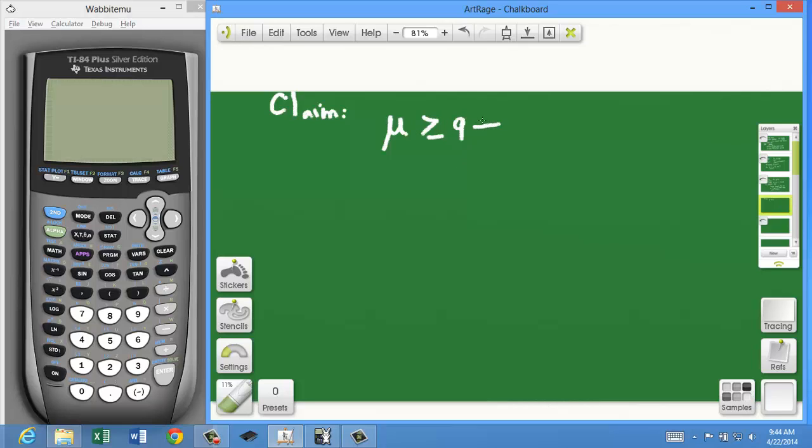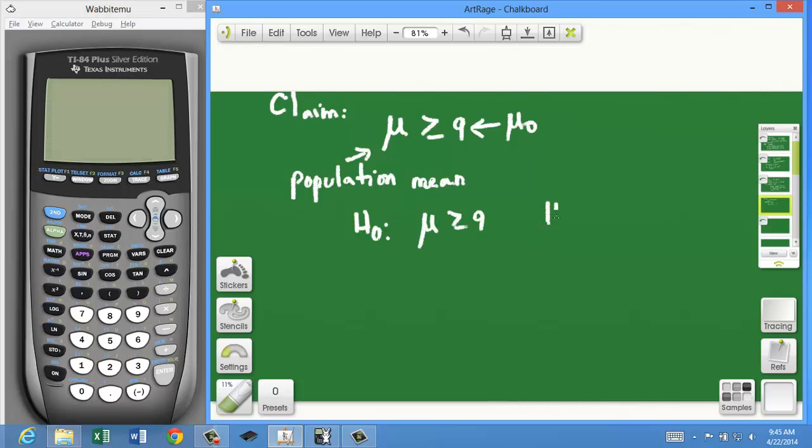So mu naught is 9, which is the claim's value, and that is the population parameter, which is the population mean. If I want to test a statement, all I have to do is perform a test with this hypothesis: mu is greater than or equal to 9 versus the alternative, H1, mu less than 9.